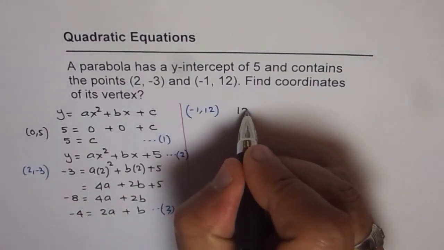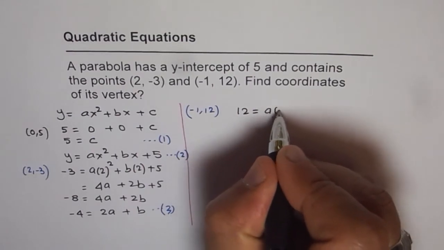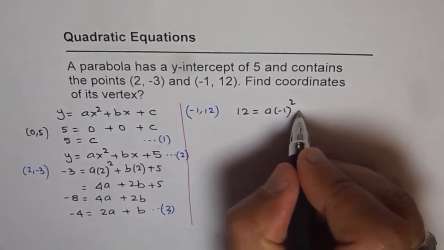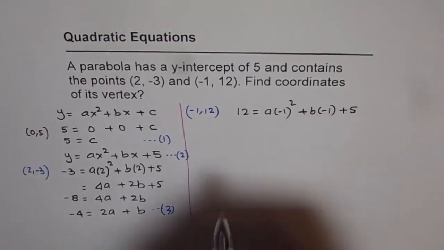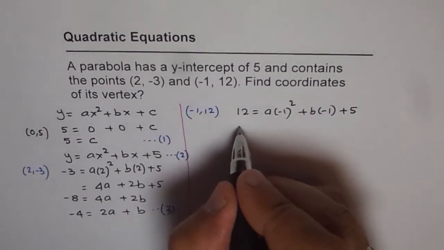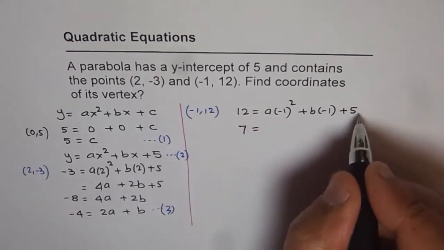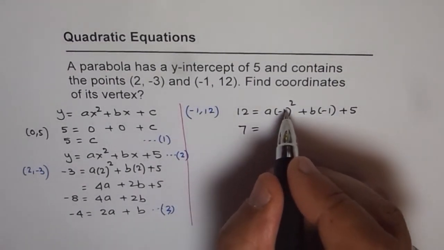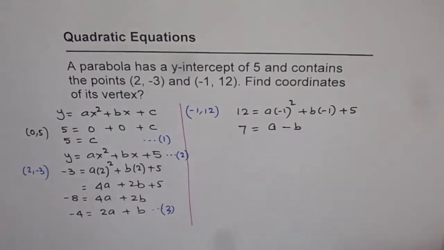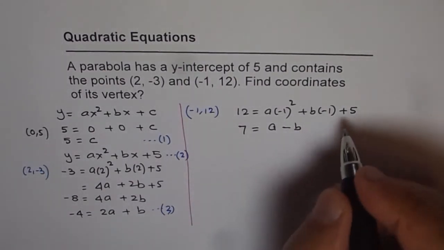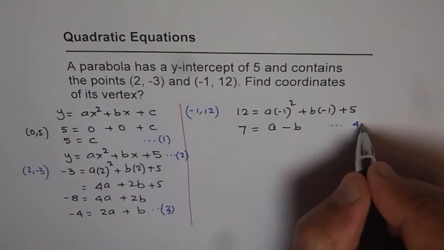We get 12 = a(-1)² + b(-1) + 5. Bringing 5 to the left side gives us 7: 12 minus 5. (-1)² is 1, so we get a minus b. So a - b = 7, and let's call this equation number 4.